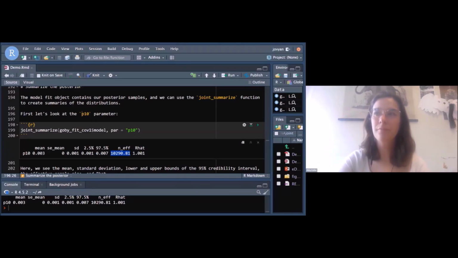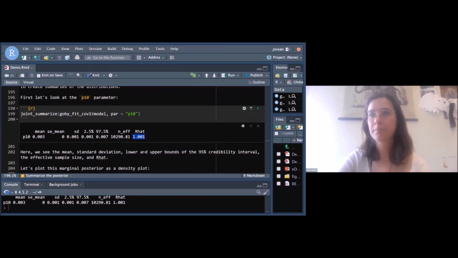Higher is better. And then R hat is a really important diagnostic for understanding if we can really trust these results. It's telling us if the algorithm converged. Ideally, we want an R hat less than 1.1. So it looks like we're good here.